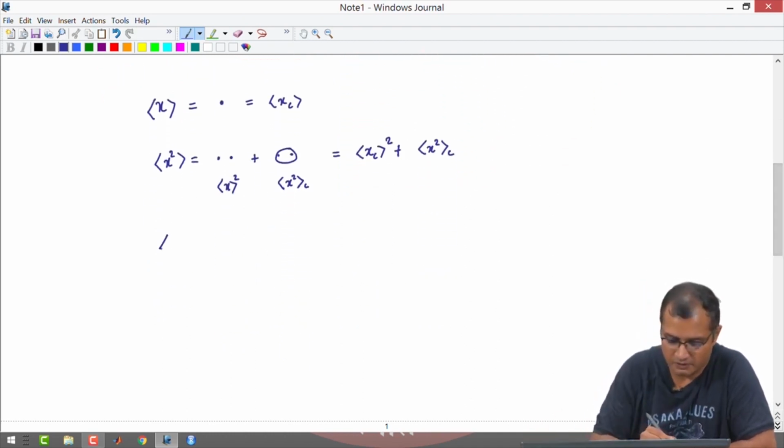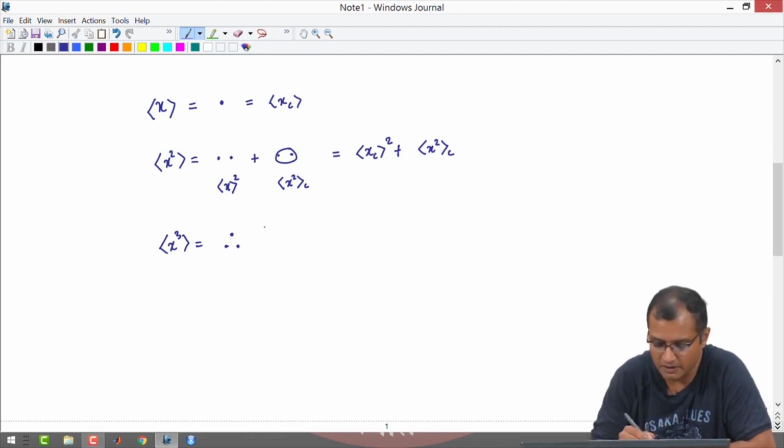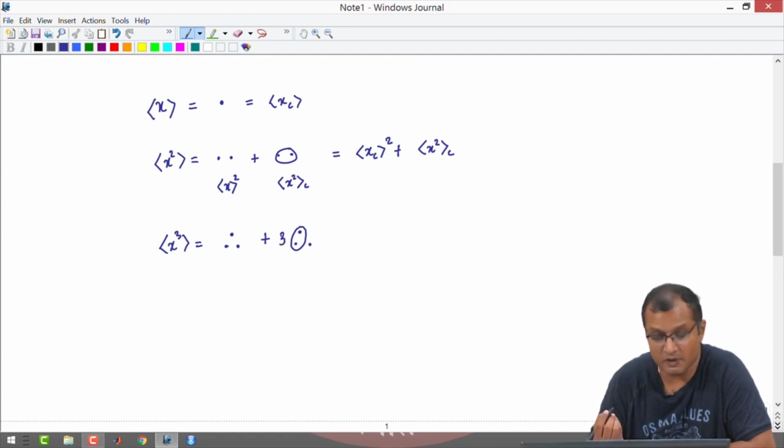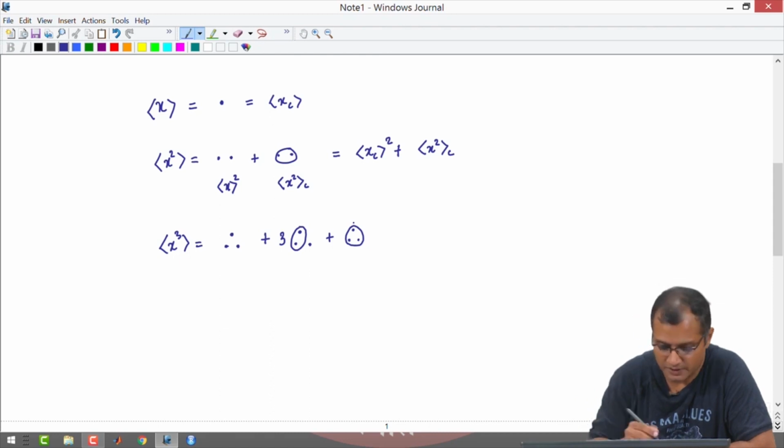Then you can use it to compute the third moment. The third moment can be constructed by taking 3 dots. Now, 3 dots can be kept disconnected. There is one more way, to connect 2 dots and leave the third one, but there are 3 ways to do it, so you have to attach a prefactor 3, plus you can connect all of them, that is it. There are no more ways to arrange 3 dots.